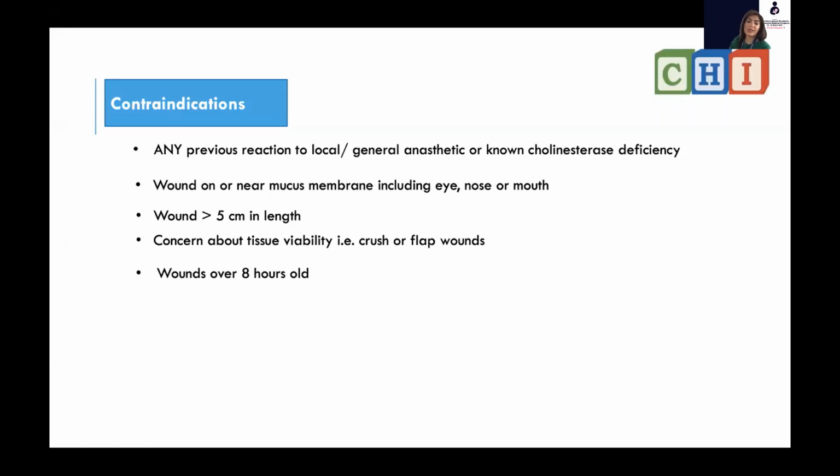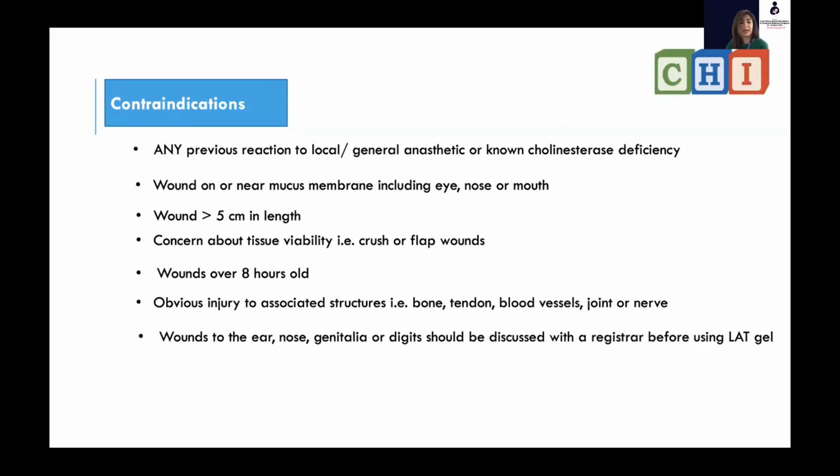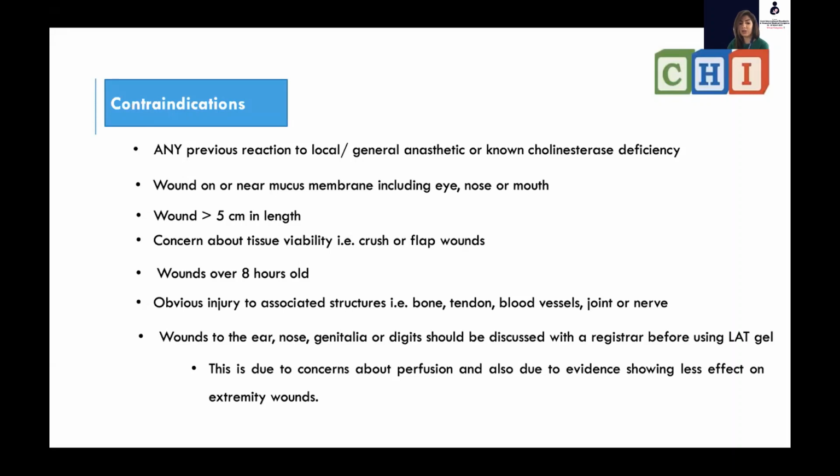If the wound is 8 hours old, we don't use them as well. Obvious injury to associated structures, bone, tendon, blood vessel, joint, or nerve. So if the wound is an open wound with structures that are obvious to your eyes, don't use them. And for the ears, nose, genitalia, digits, we should discuss it with the senior staff. There are concerns about perfusion in these areas, and the evidence also shows less effect on extremity wounds.